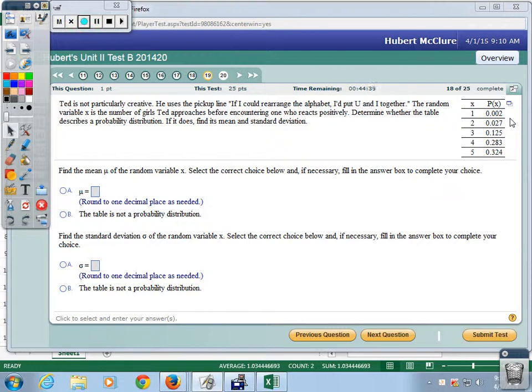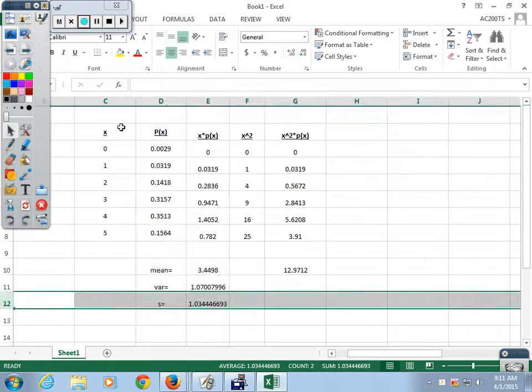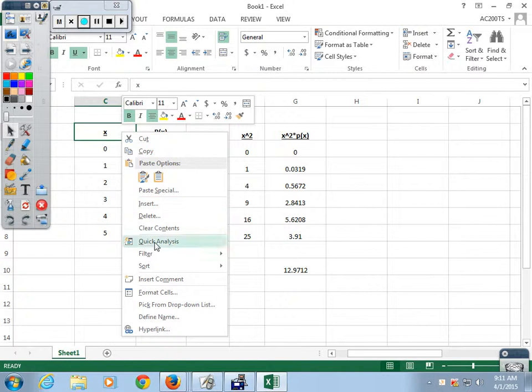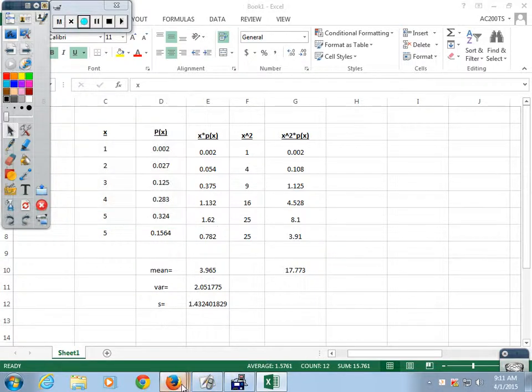I don't think they're going to give you one of those, but we'll go ahead and copy, pull up our handy dandy Excel spreadsheet, and paste. And we got to change. Oh, they didn't put 0. Did they not put 0 in this one?